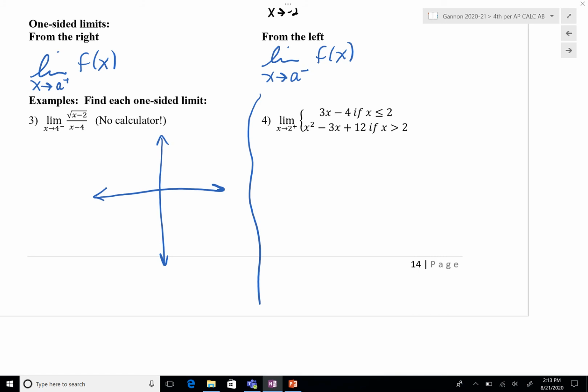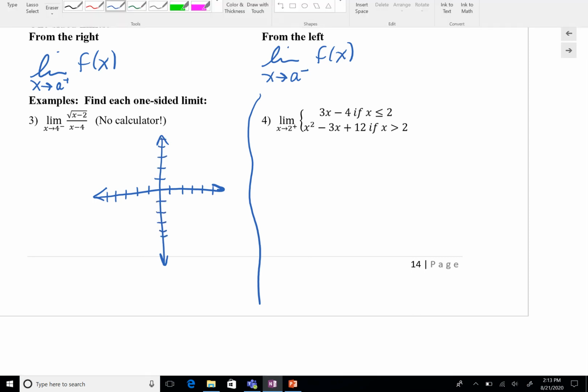I've got x minus 4 in the denominator. That is not a factor of the numerator. So one thing that tells me right now is that this function is going to have a vertical asymptote at 4. So I'm going to start by plugging that value in.